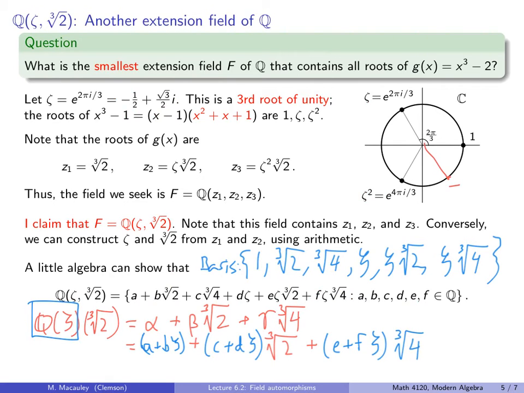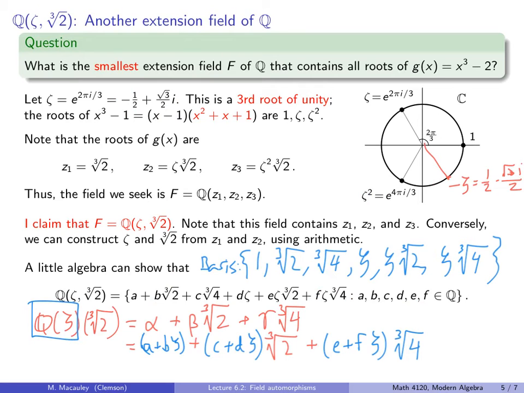This is negative zeta, which is positive 1/2 minus the square root of 3 times i over 2. And then if I start with zeta and I take negative zeta, and then if I subtract 1 from it, then I get zeta squared. So in other words, zeta generates zeta squared, so I don't need both of these.